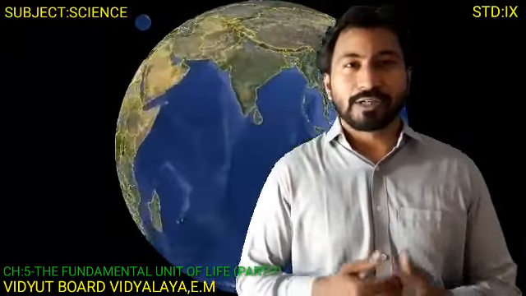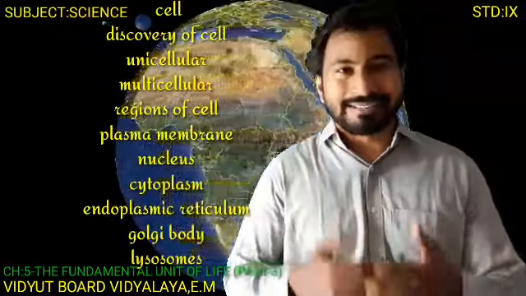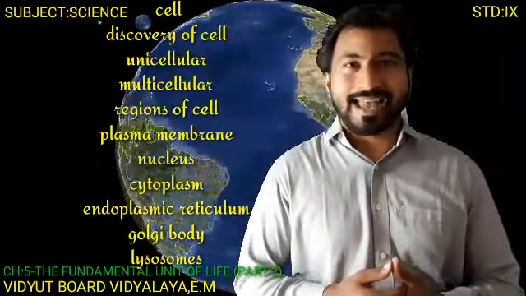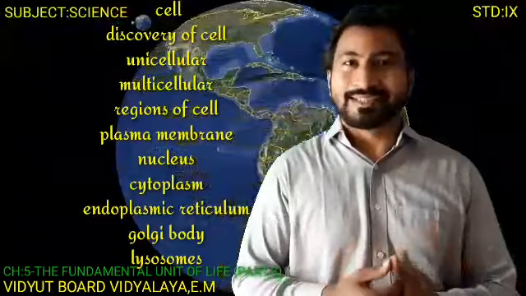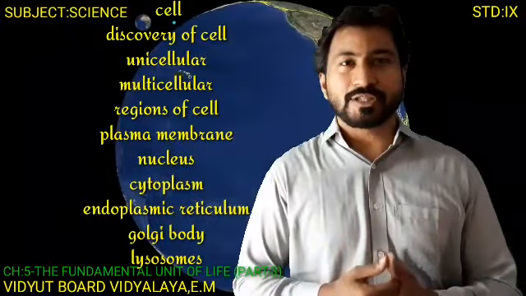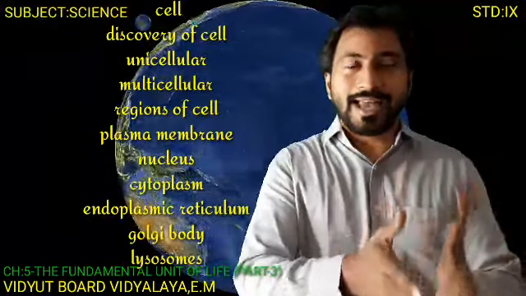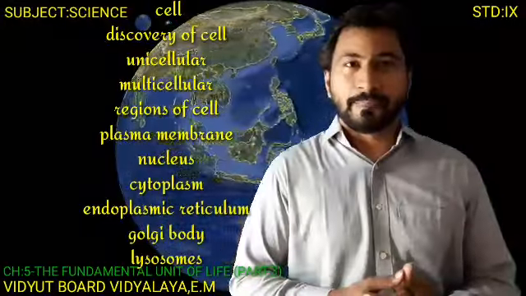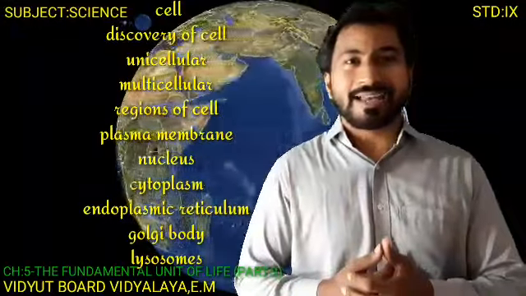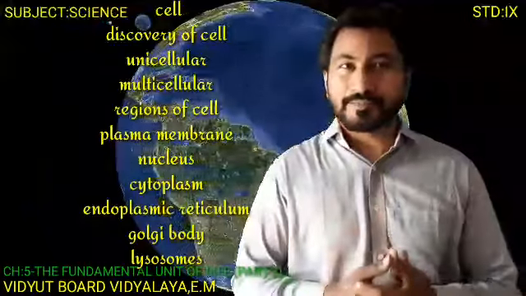Well, up till now we have discussed very well about the cell, discovery of the cell, and based on the cell, the variations, that is the unicellular and the multicellular. We went on to the discovery by numerous scientists.